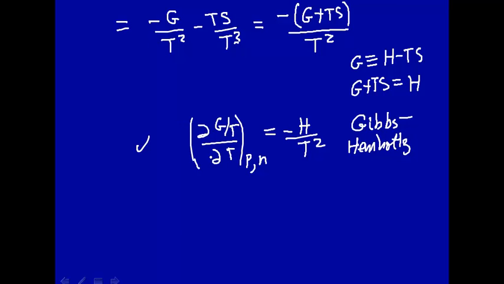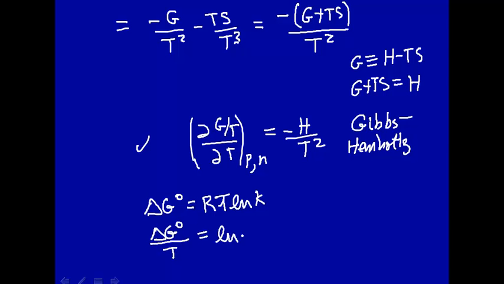Now let's relate the Gibbs-Helmholtz relation to the equilibrium constant. We had delta G0 is minus RT times the natural log of K, or delta G0 over T is minus R times the natural log of K. So let's take the derivative of both sides with respect to temperature.